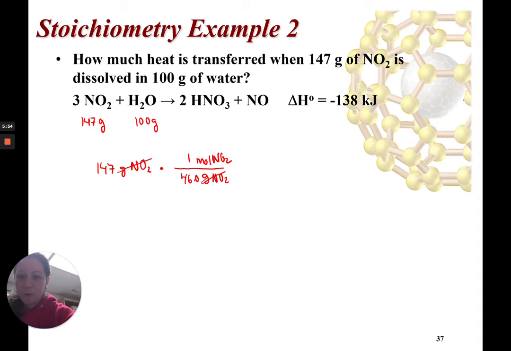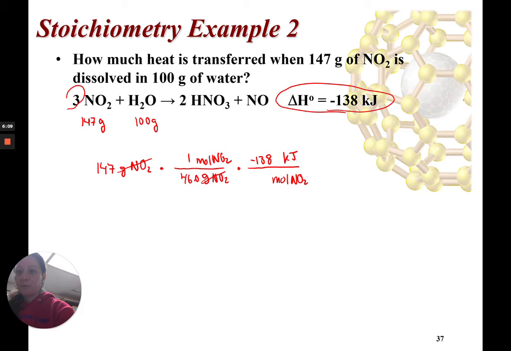So now I'm at moles of NO2, and then I'm going to go from moles of NO2 to kilojoules of energy using this value here. I know that it's negative 138 kilojoules for 3 moles of NO2.